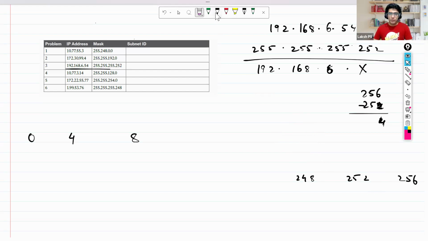240, 244, 248, 252, 256. We have reached till 256. Now 252 is between 252 and 256.